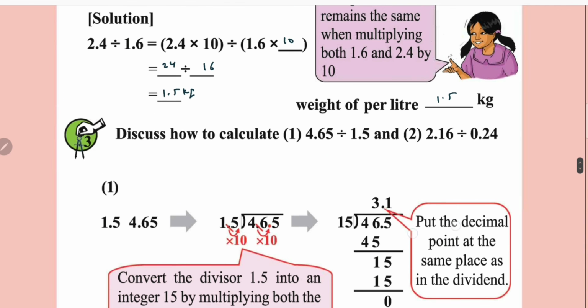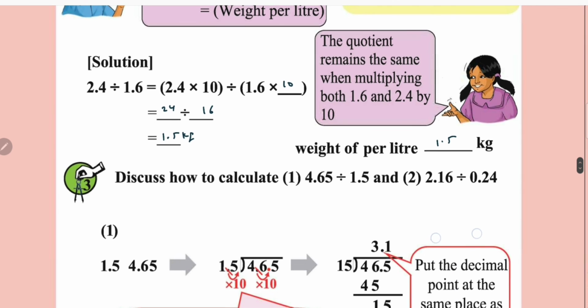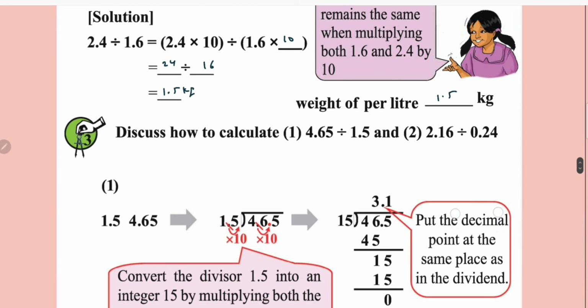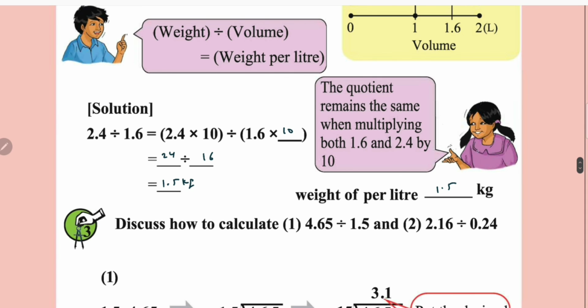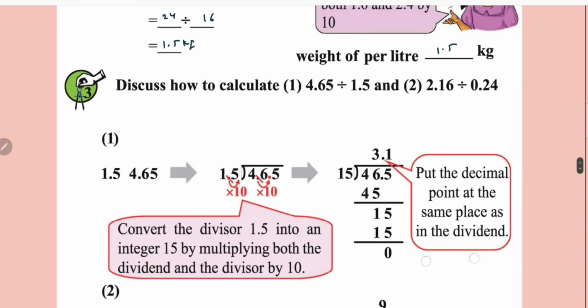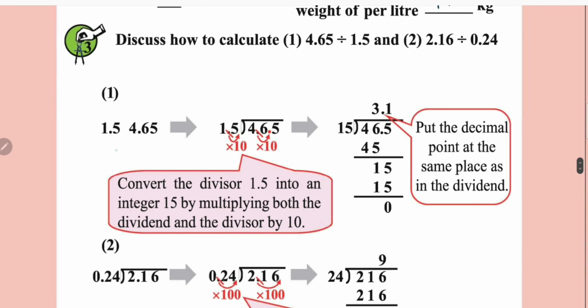1.5 kg is already there. Now 4.65 by 1.5. She is telling the same thing. Okay, I already wrote it here. 4.65 by 1.5, into 10, into 10.